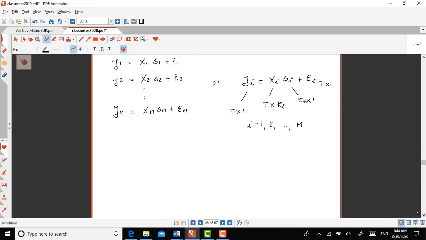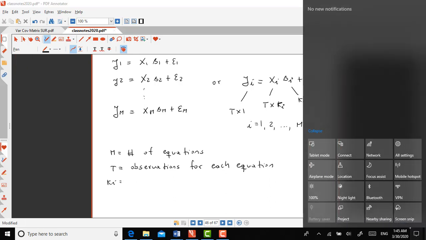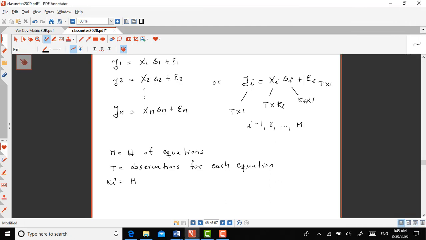In terms of the notation, n is the number of equations, t is the number of observations for each equation, and ki corresponds to the parameters in each equation, or the number of explanatory variables in each equation.